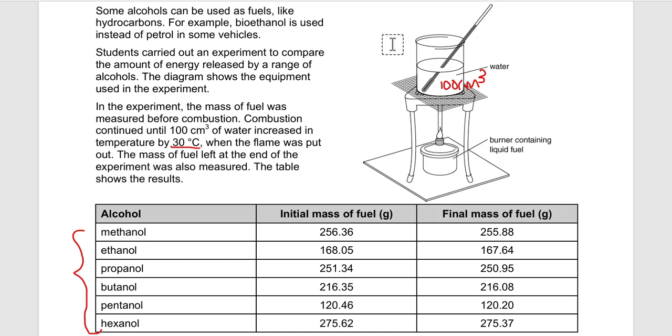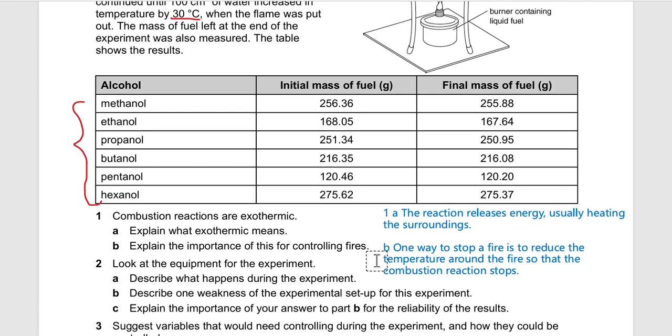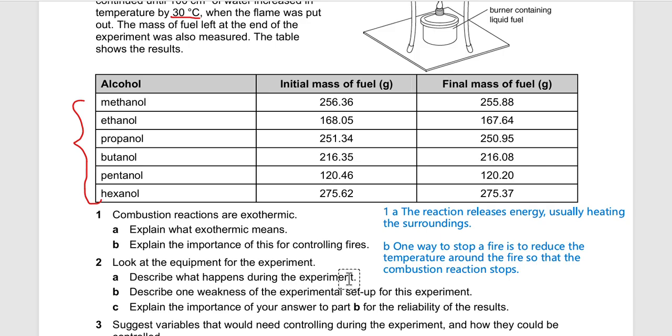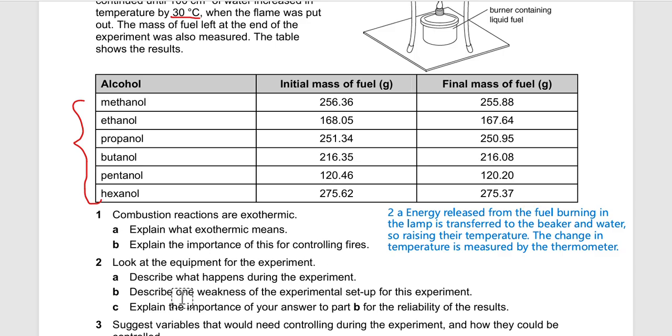This is the experiment. How the equipment is all placed, and what you need to find is what happens during the experiment. I'll give one minute to think about the answer. Right, so what is happening during the experiment?